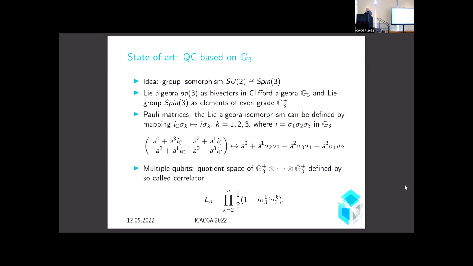algebra G3. It makes perfect sense, but if we want to work with n qubits, we have to take the tensor product, and then we have to unify multiplication by the complex unit in every slot. It means if we want to follow this approach, we have to live in a factor space over this identity, which is called the correlator.